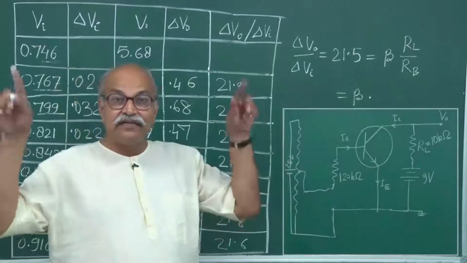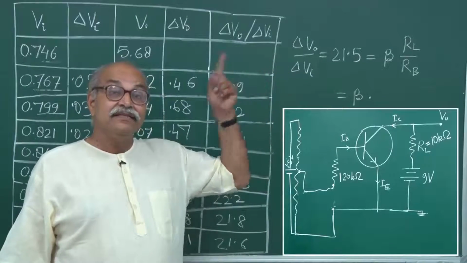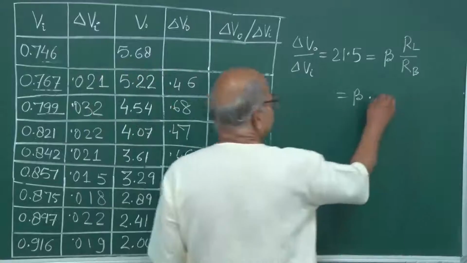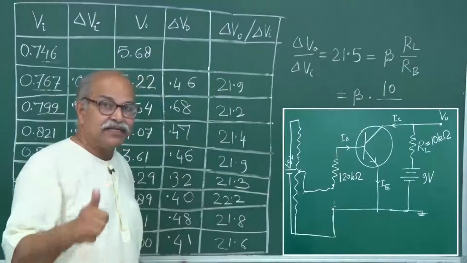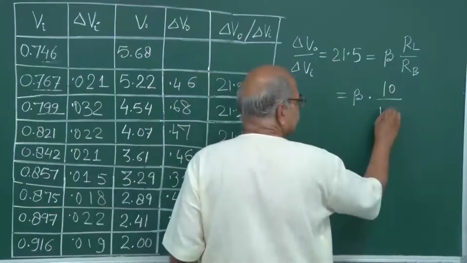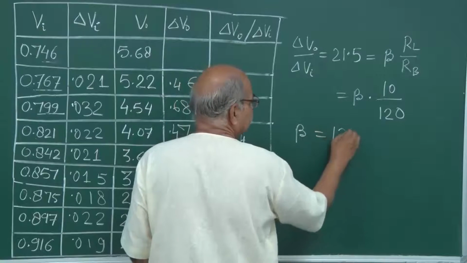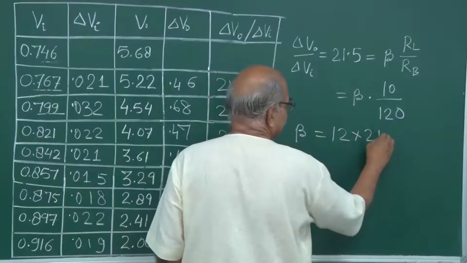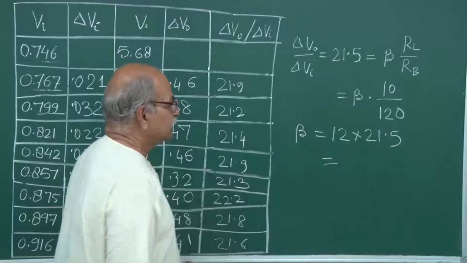Remember in the circuit, on the collector side we had added 10 kilo ohms, and on the base we had added 120 kilo ohms. So your beta is 12 into 21.5. Can you work it out without a calculator?